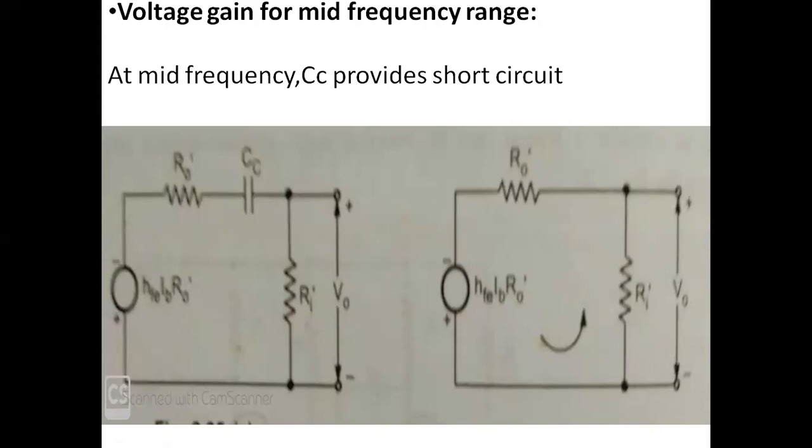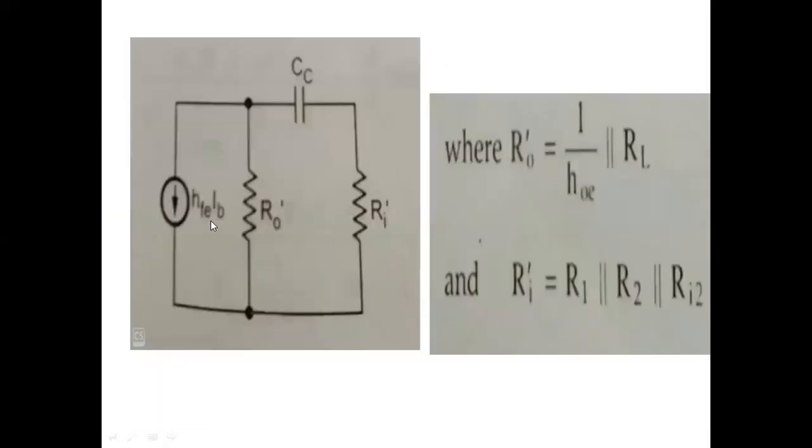In this circuit, the current source is in parallel with this resistance. This is a Norton equivalent circuit, because the current source is in parallel with the resistance.